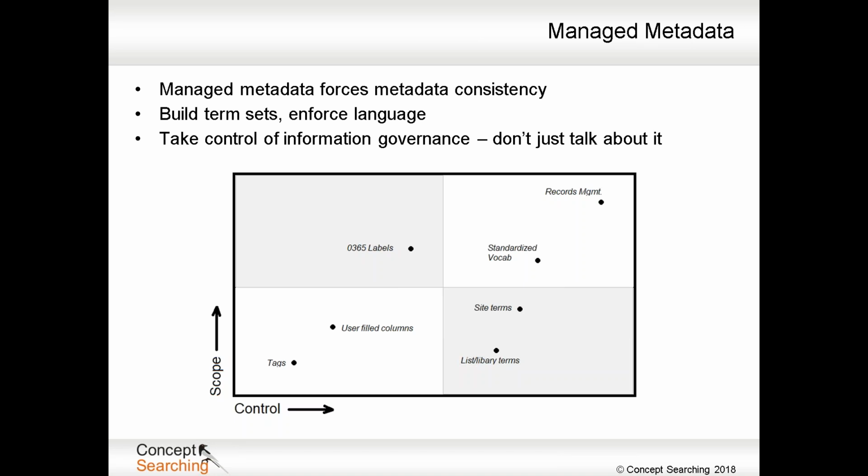And of course, in the top right, we have things that are controlled by records management. So content types are up there, where we are actually managing all of the content across the organization with records retention schedules applied to content types.